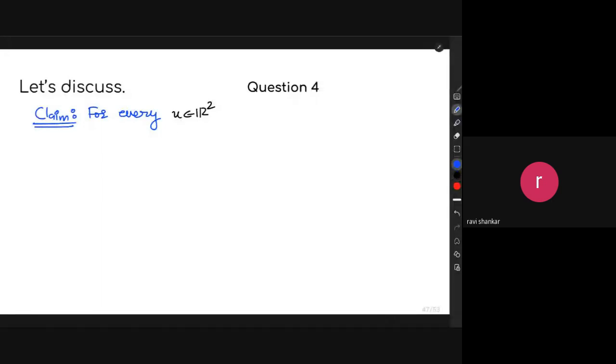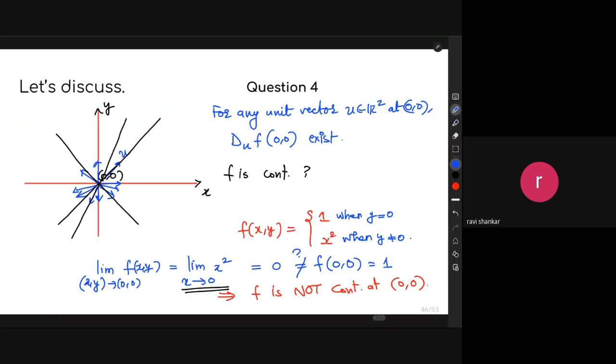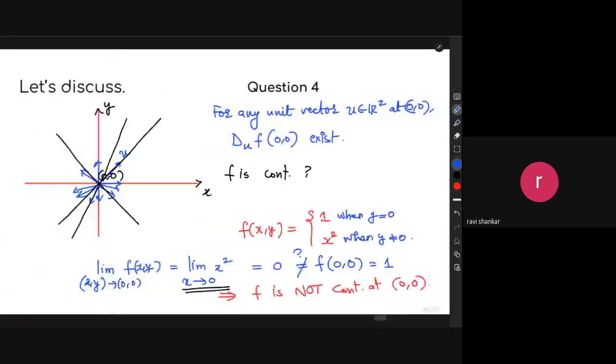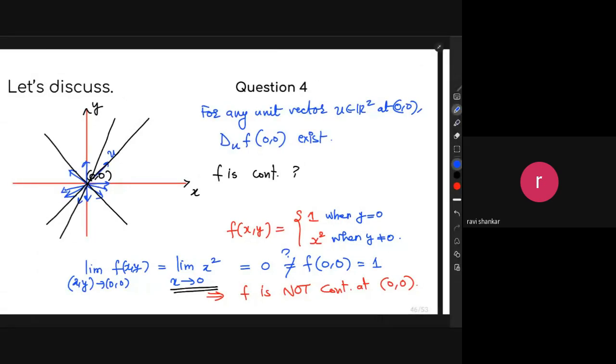Now my claim is that for every unit vector u in R2, the directional derivative D_u of f at 0 comma 0 does not exist. So if I take my unit vector to be one which is not lying on the x-axis, I break it into two cases.